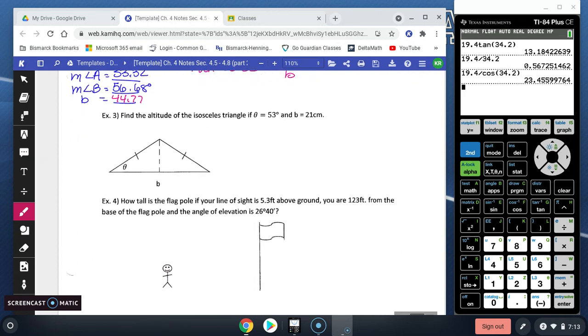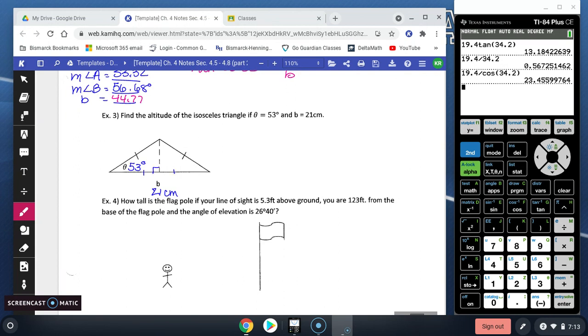Okay, C, or letter number 3, find the altitude of the isosceles triangle if theta is 53 degrees. Okay, 53 degrees, and B is 21 centimeters. Well, we were just told that this is an isosceles triangle, so that altitude is going to cut side B in half, and it'll be a right angle.